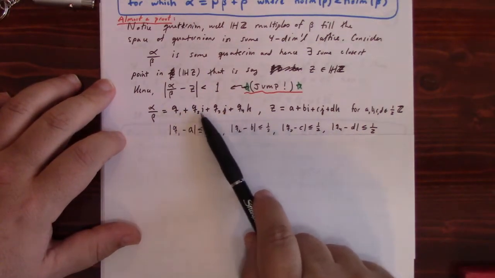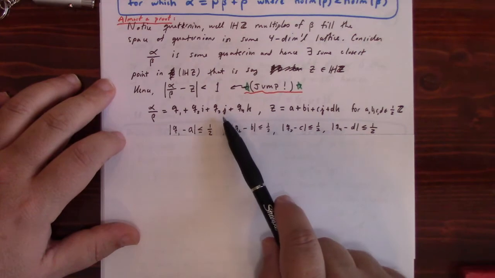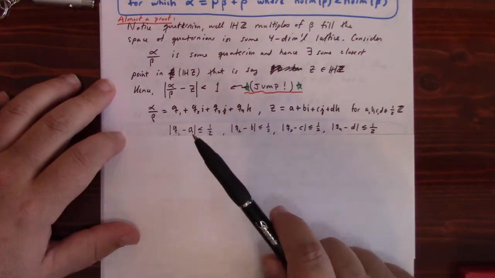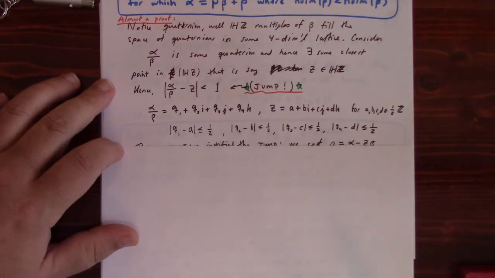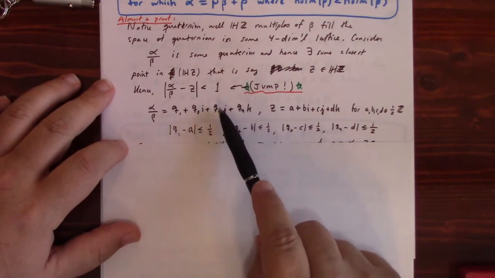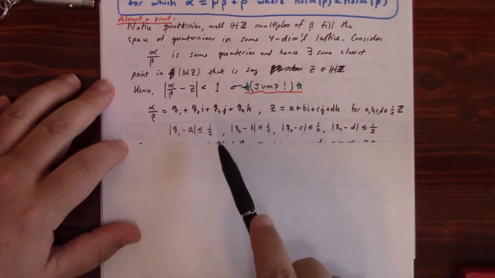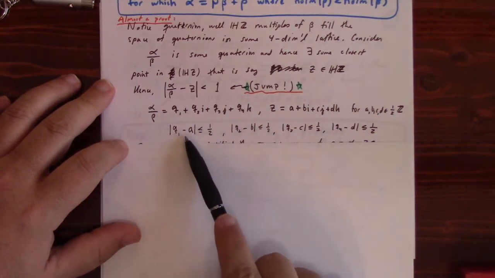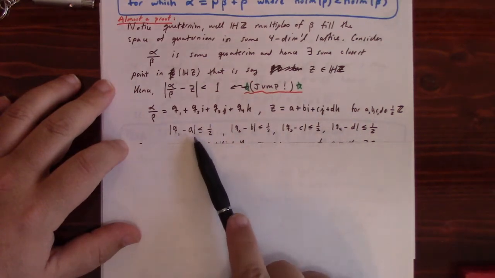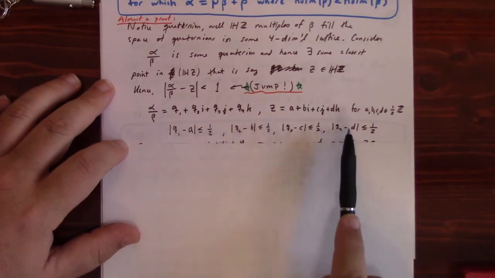So here's the closest point, I think. Wait a minute, no. Sorry, thinking. So I guess q1, q2, q3, q4 are rational, all right, but we can choose a half integer a, b, c, d such that we're within 1/2 a unit for each of them.